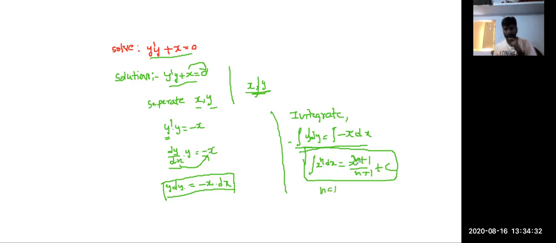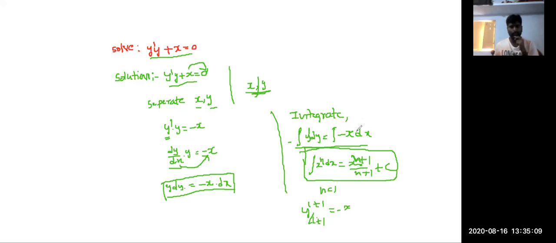So that is y power n plus 1, that is y power 1 plus 1, by n plus 1, 1 plus 1, equals integral of minus x dx, that is minus x power, here also the power is 1, so n is 1.